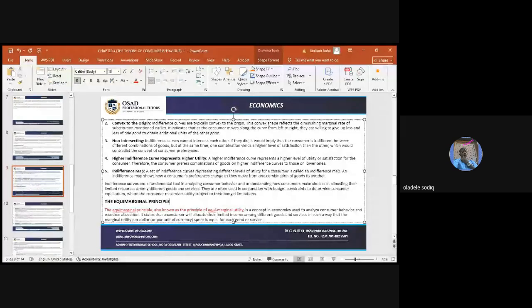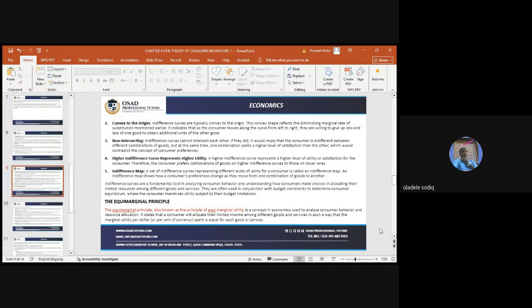It states that a consumer will allocate their limited income among different goods and services in such a way that the marginal utility per dollar or naira spent is equal for each good or service. So this principle is talking about how consumers analyze their resources.